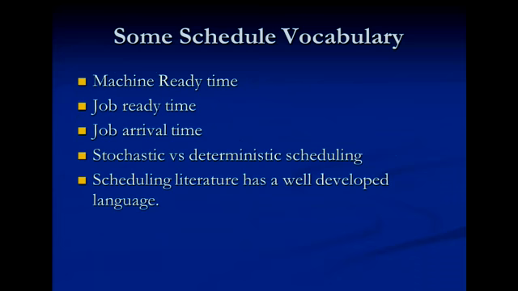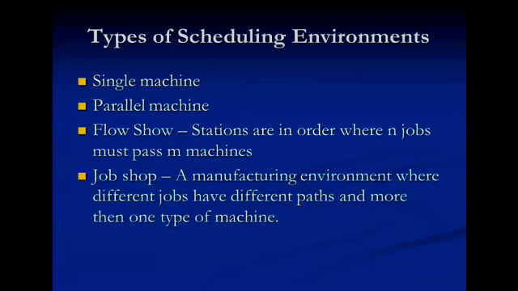So each machine has some ready time. You have job ready times. You have job arrival times. It can either be stochastic or deterministic, and the scheduling literature has a well-developed language. You can think in terms of a single machine scheduling problem where you're scheduling one machine.